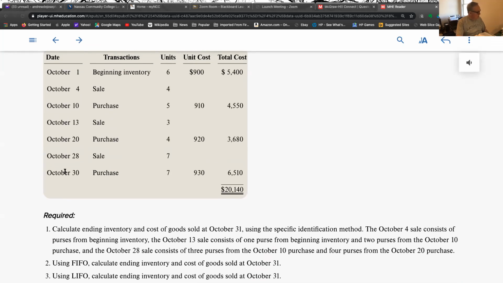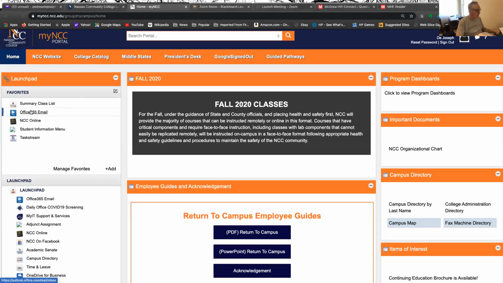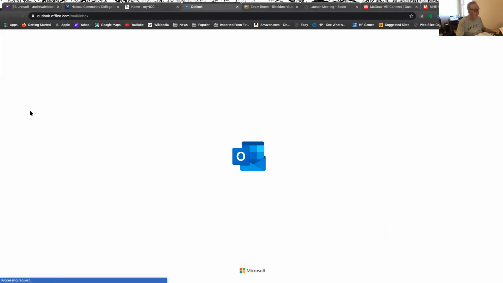So the first thing I like to do is to construct a table. What I like to do is similar to what the textbook showed you in that Mario's game store example, where we're going to start with the beginning inventory, and then we're going to add the various purchases. So let me see if I can get Excel.